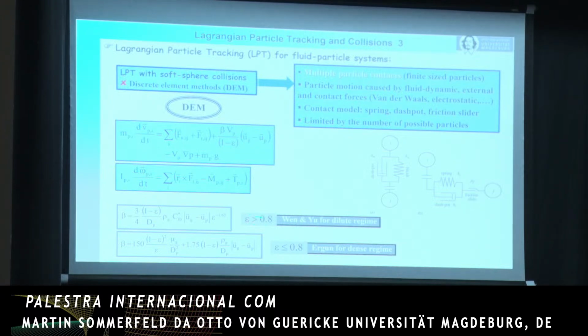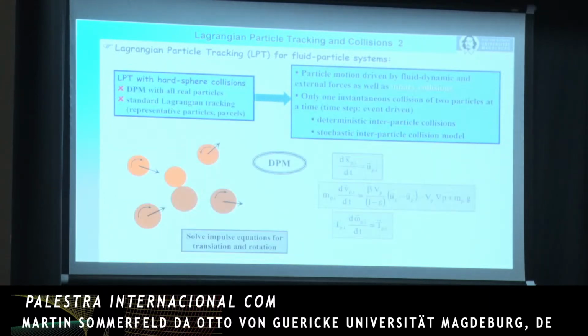For example, when epsilon is larger than 0.8, you use Wen and Yu, and if it's smaller, you use the Ergun correlation. And for each contact, you can use, for example, this spring, dashpot, slider, friction slider model. But there are also other models to describe the contact between the particles.